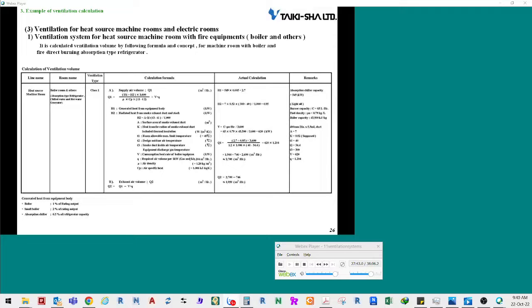The supply air rate is over the sum of the ventilation air quantity to maintain machine rooms at the allowable temperature and to maintain the air quantity needed for combustion. The exhaust air quality is the difference calculated by subtracting the air quantity needed for combustion from the supply air quality.